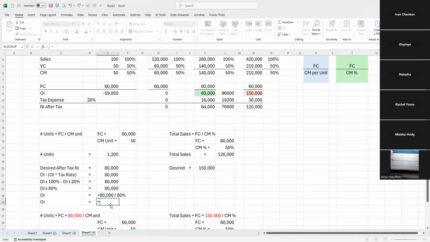How much is that? 80 divided by 80%, $100,000. So if I put here $100,000, how much is my income? 80,000. Is that what I want? Yes.